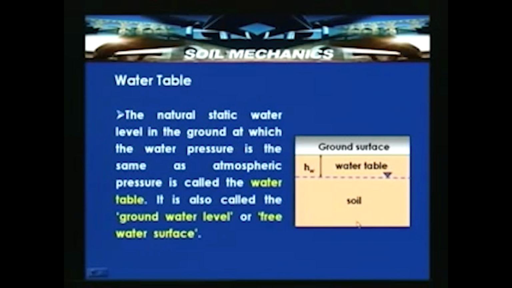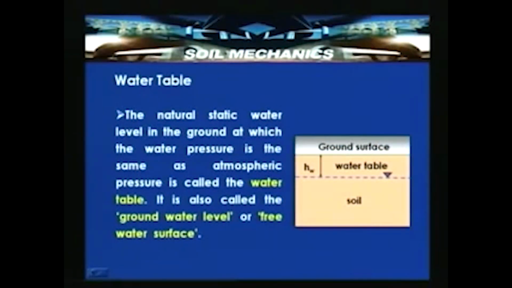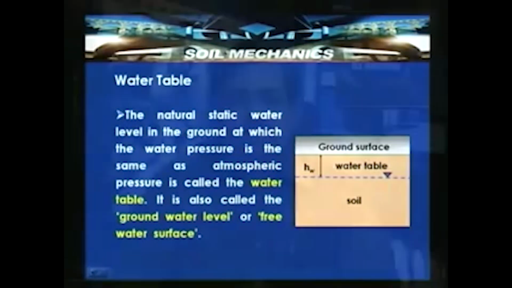So, the water table is nothing but a static water surface in the ground at which the water pressure is the same as the atmospheric pressure, which is equivalent to 0 in this case. This water table level can fluctuate, it can rise and it can deplete. These facts we will be discussing in the due course of these lectures.